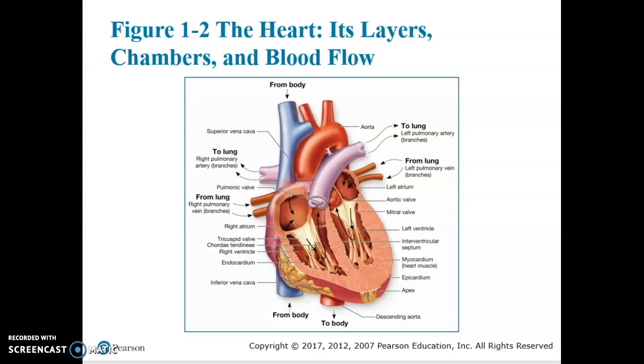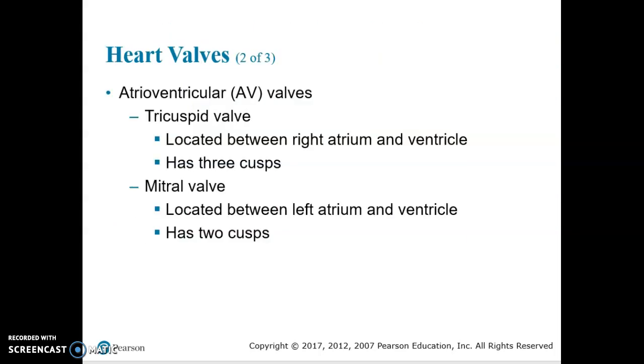Now, moving forward, we're going to talk about our atrioventricular valves. These are called atrioventricular valves because they lie between the atrium and the ventricles, okay? We have a tricuspid valve and we have a mitral valve. The atrioventricular valves are also known as the AV valves. Again, they're located between the atria and the ventricles.